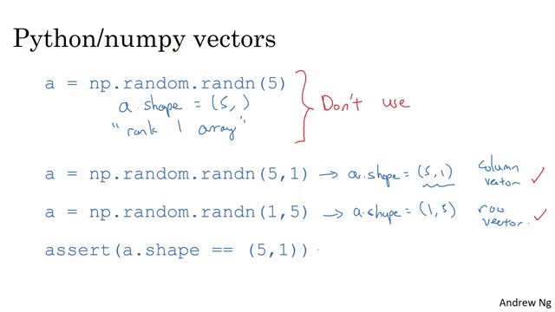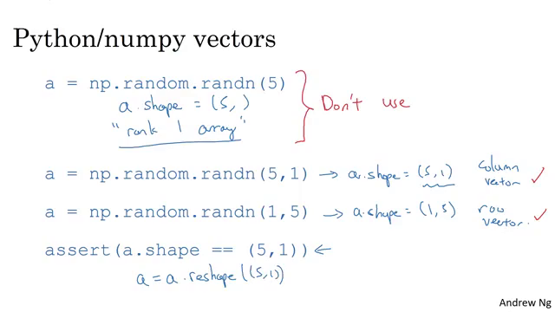So don't hesitate to throw in assertion statements like this if you feel like it. And then finally, if for some reason you do end up with a rank 1 array, you can reshape this, A equals A.reshape, into say a 5 by 1 array or a 1 by 5 array so that it behaves more consistently as either a column vector or a row vector.